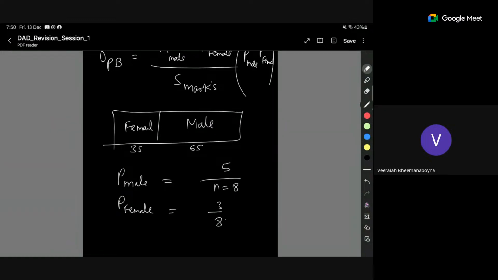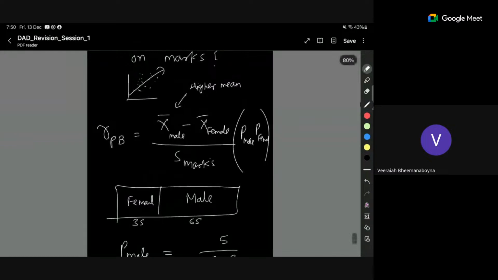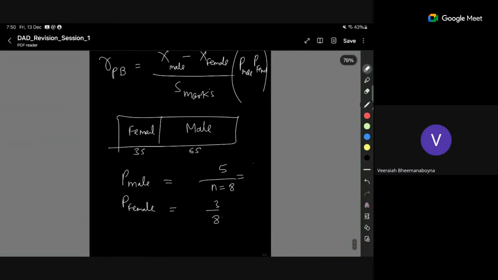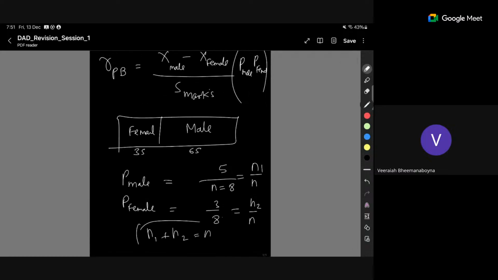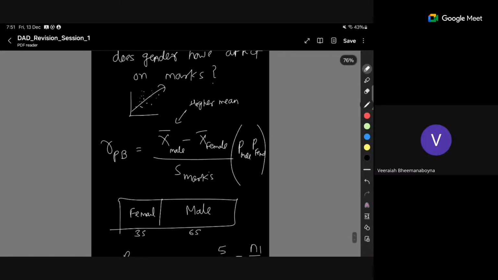By this you can find the proportion. So I'm just writing whatever numbers are there, n1 by n and n2 by n, where n1 plus n2 is n. Then only this will work. If you do this, then you can find the point biserial correlation coefficient.